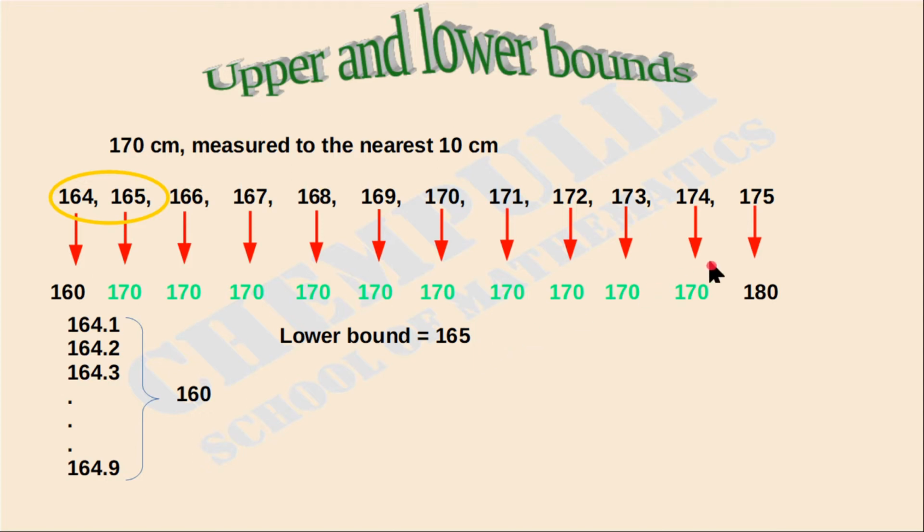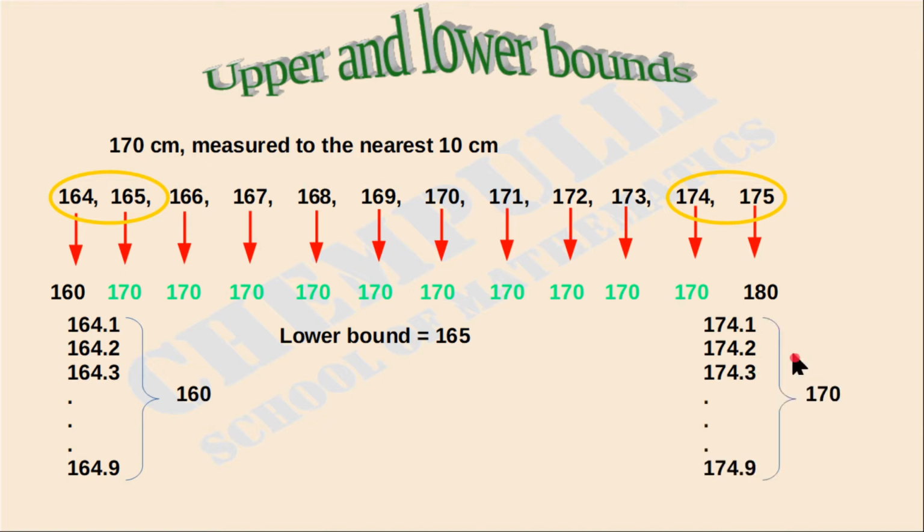Next, in the same way, we are going to check the values in between 174 and 175. These are the values 174.1, 174.2, up to 174.9. If you round off these values to the nearest tens, in that case we will get the answer 170.